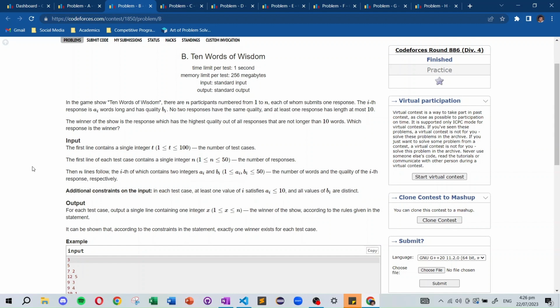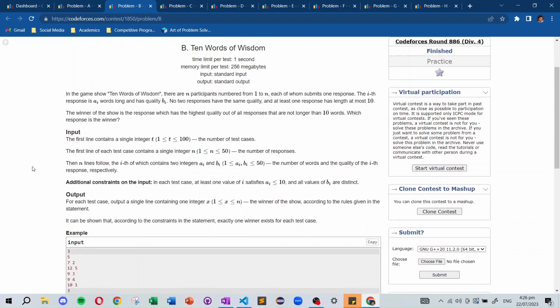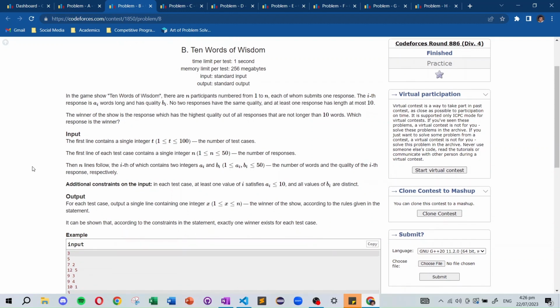I also did another way to implement this, which I think is slightly more straightforward during contest. What I did was I stored an array of tuples, where each tuple contains the quality, then the length of the words, and then the index of that participant.